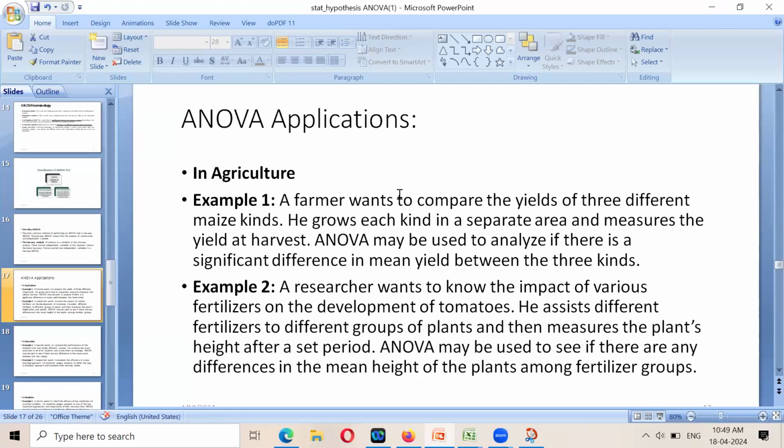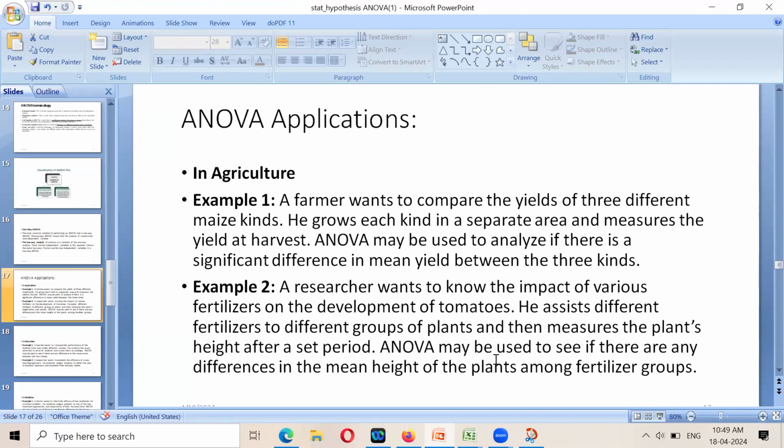The thing is that ANOVA is applied on very huge data sets, number one, and number two, on data observed for some period of time or for a duration of time. That is the main characteristic of ANOVA, that it is able to handle a huge amount of data, and it is able to handle data which is observed as a time series or over some duration of time.